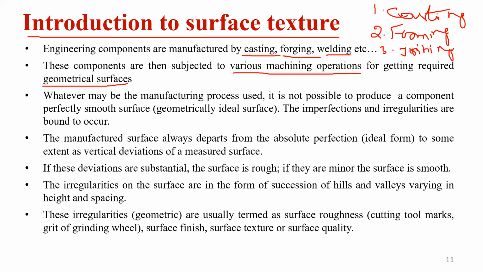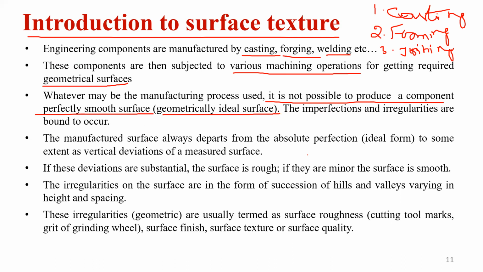Whatever may be the manufacturing process used, either primary or secondary, it is not possible to produce a component with a perfectly smooth surface. That is, a geometrically ideal surface cannot be generated using either the primary or secondary manufacturing process. So there always exist some imperfections and irregularities on the produced surface.